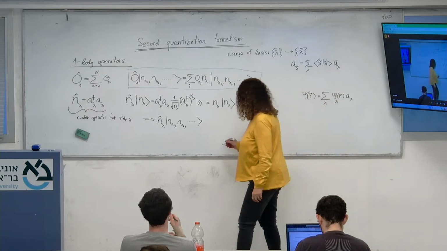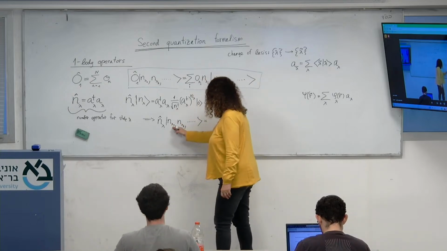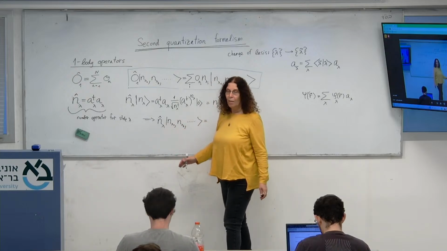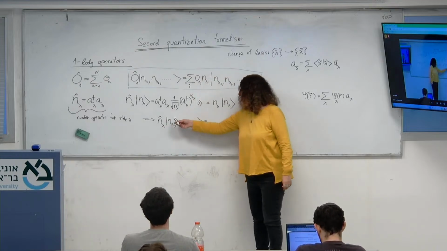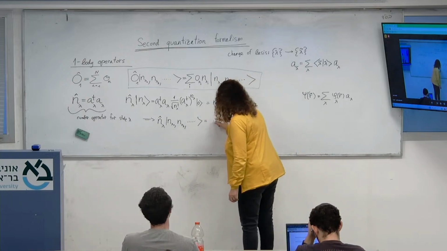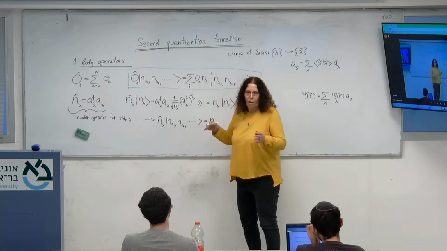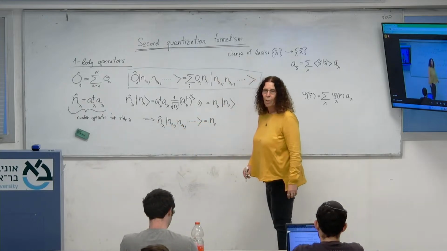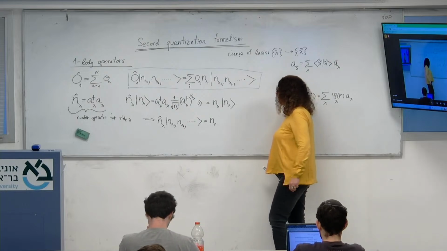Of course, if none of the lambda i's here are equal to lambda, I'll get 0. But let's assume that here I'm summing over all possible lambdas. Then I'm going to get just n lambda. All the other states, this operator doesn't care about them. It gives you 0.